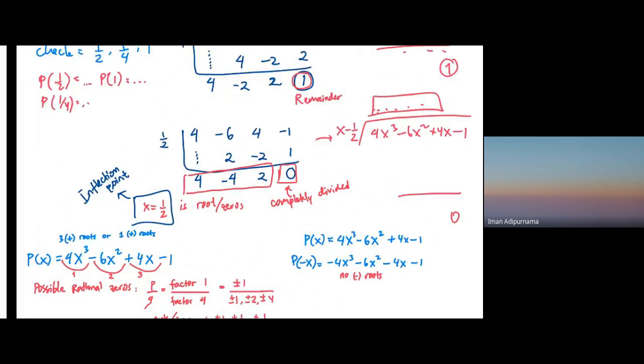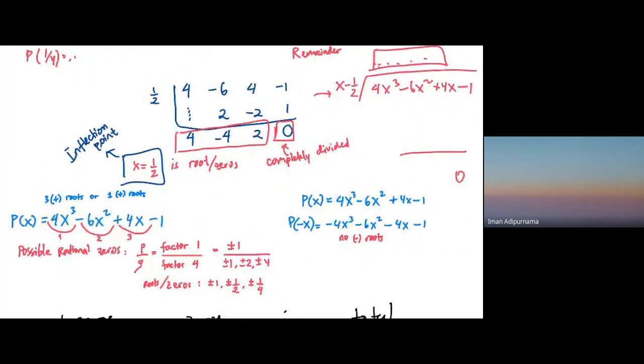If the polynomial provides really nice numbers, you will get really nice results. But this one, I think, is not really nice because we have imaginary roots, or imaginary numbers, in our zeros.